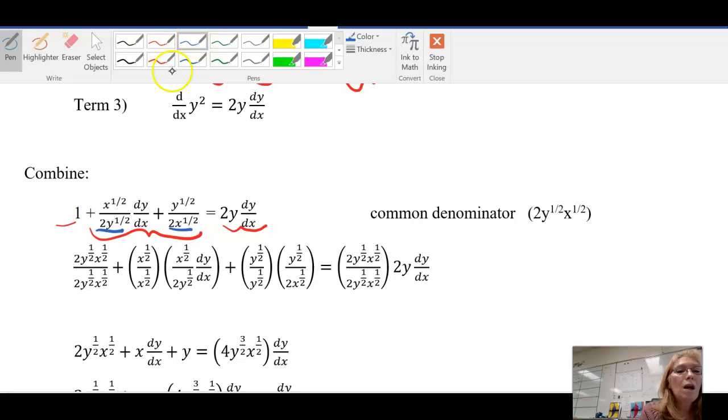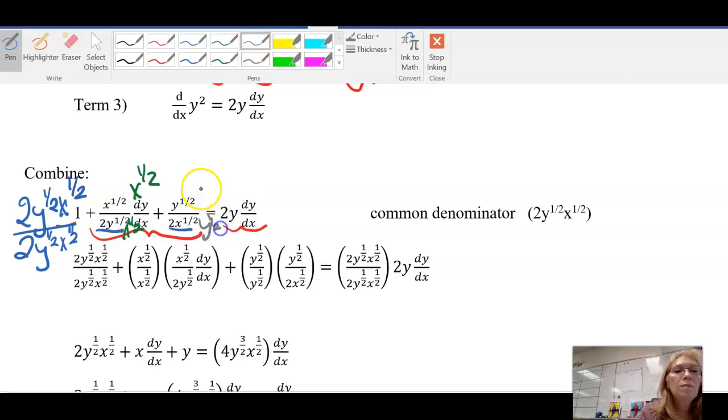So my first one needs everybody. He needs 2y to the 1/2, x to the 1/2 in the numerator and the denominator. My second one needs the x to the 1/2. And the third one needs y to the 1/2.